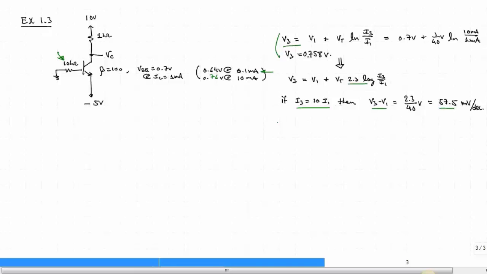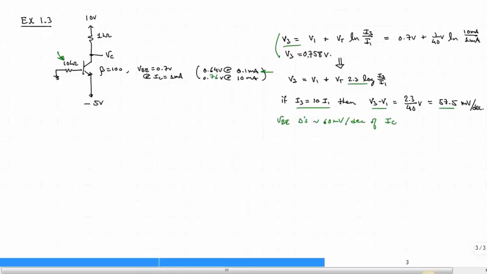So as a rule of thumb, VBE changes about 60 millivolts per decade of IC, of current.